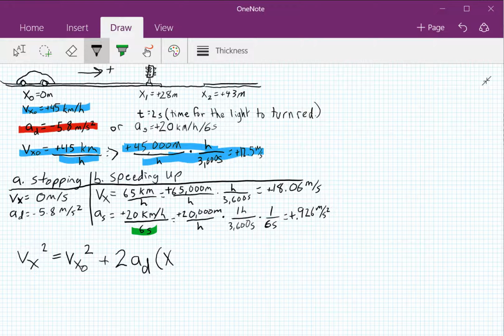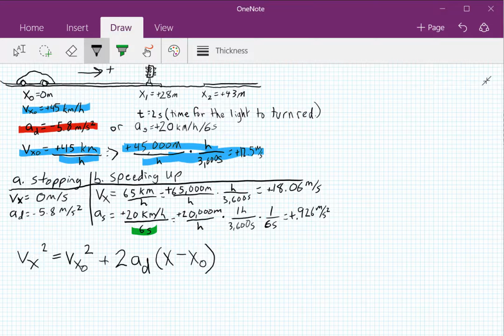So we're not going to write x1, we're just going to write x minus x initial. Okay, so we have all the values there that we need, and the x is what we're trying to solve for. So we need to isolate for x. You're going to do that by subtracting the velocity over to the left and dividing by 2ad.